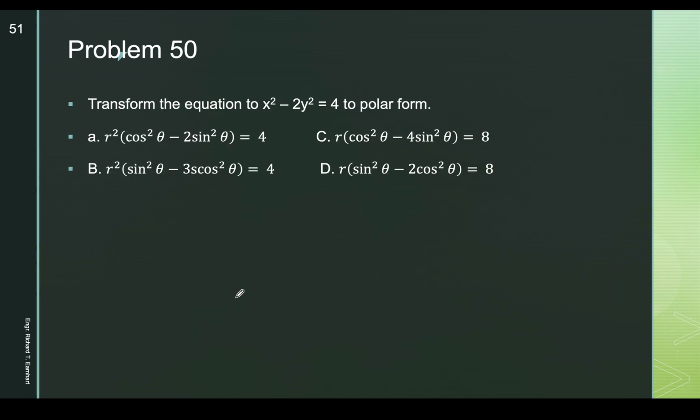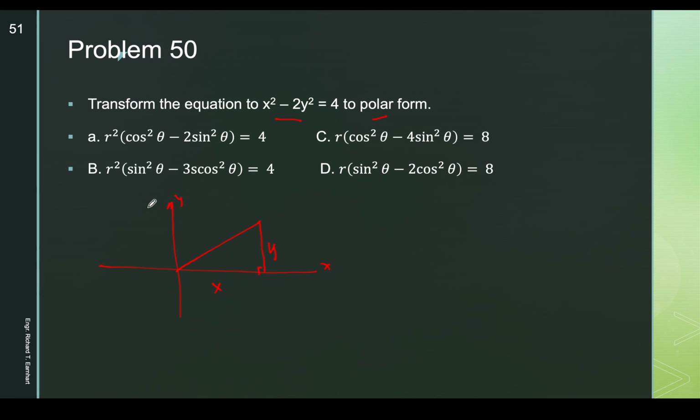Okay, transform the equation. This is rectangular to polar. So what's the relationship between the two coordinate systems, no? This is the rectangular coordinate system. We'll take this as your x and then y, no?